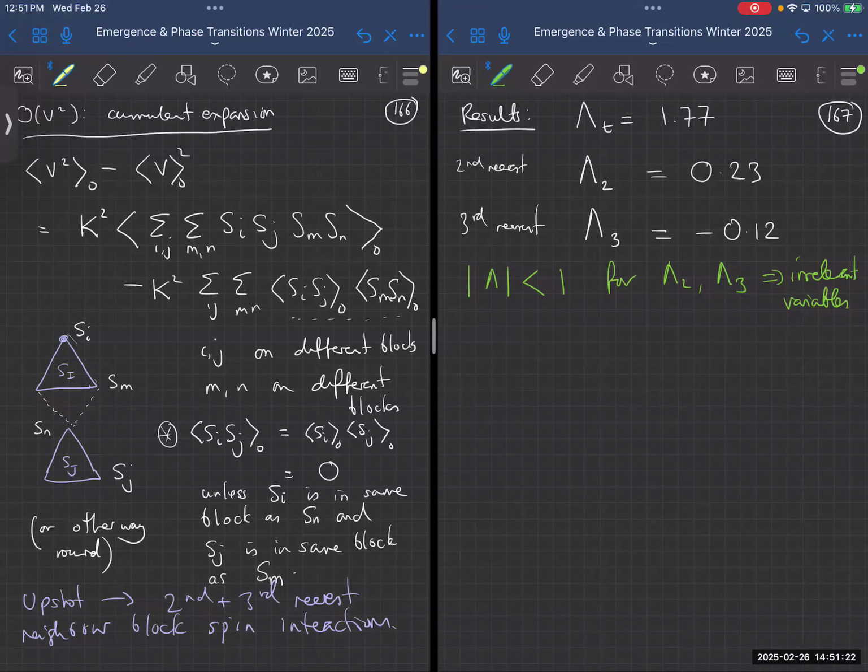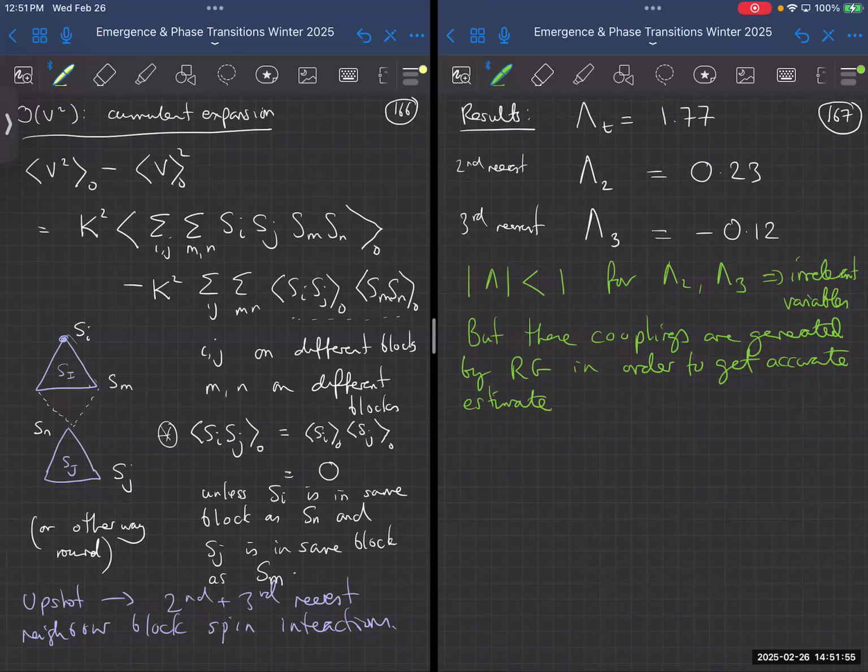They're irrelevant, but these couplings are generated by RG in order to get an accurate estimate of the relevant eigenvalue. Let me remind you what those were.